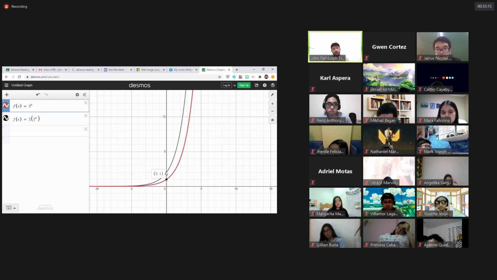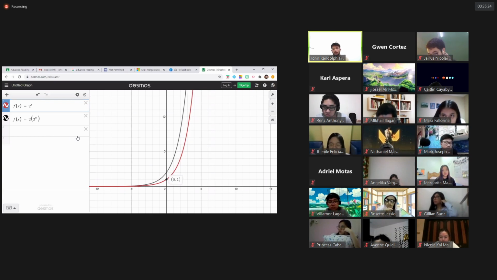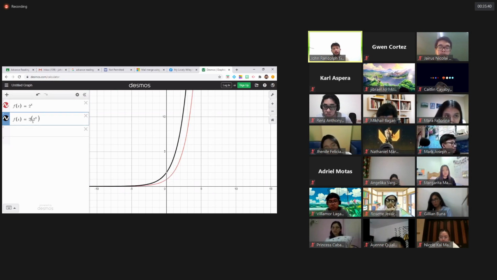It is stretched upward. Ilang units siya na stretch upward? Kung ilan yung value niya. Vertically stretched by the number here, 2.